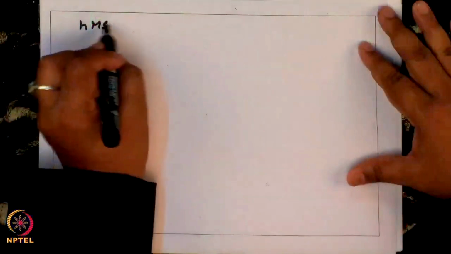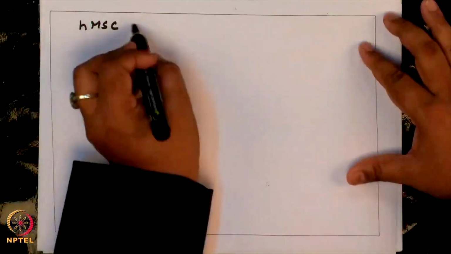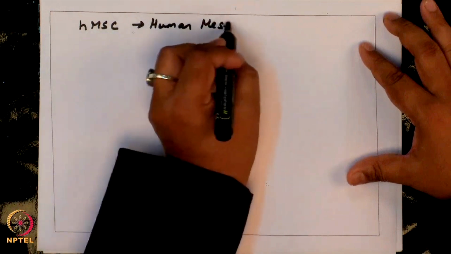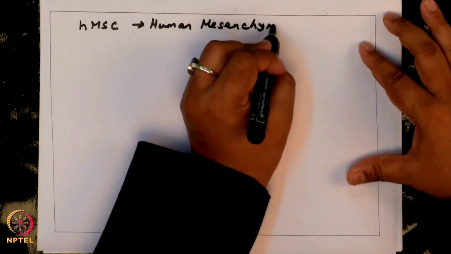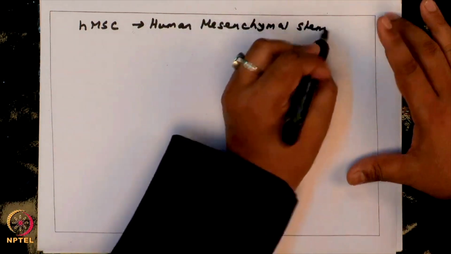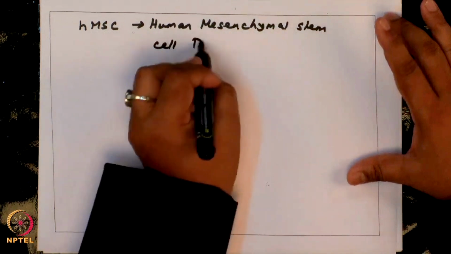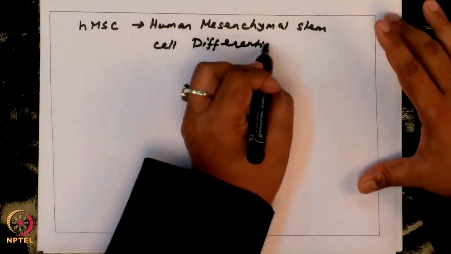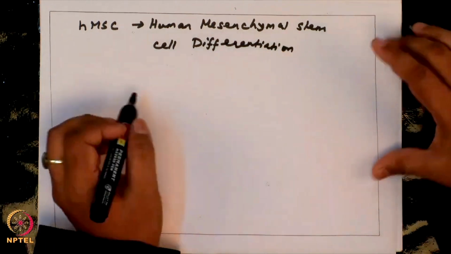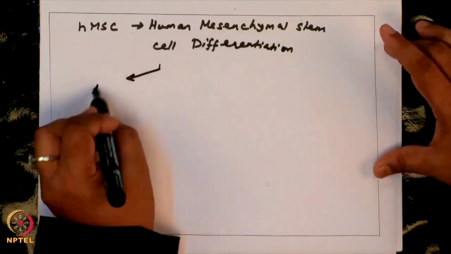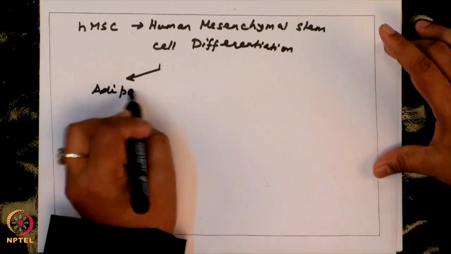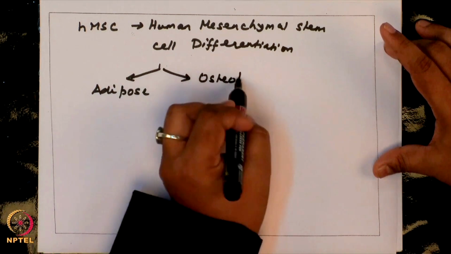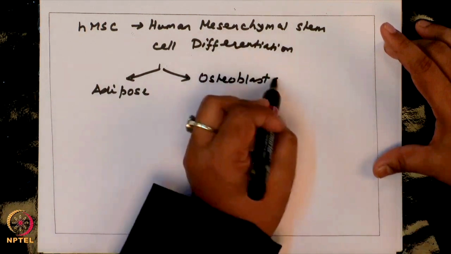So, HMSC differentiation, human mesenchymal stem cell. These are known to differentiate into adipose or fat cells as well as osteoblasts or bone cells.